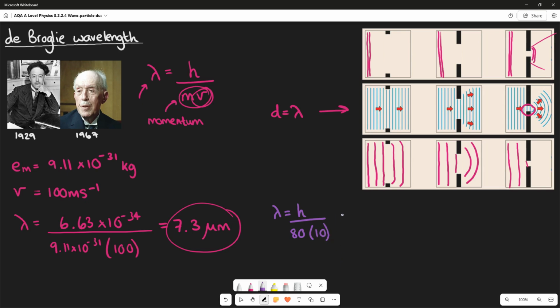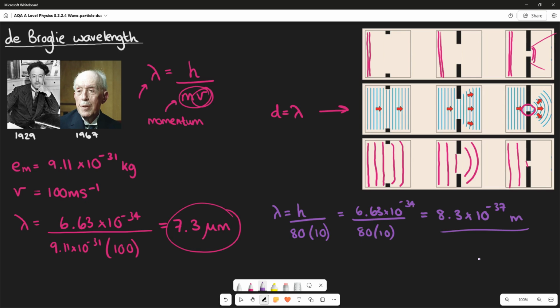And we can calculate those values. So 6.63 times 10 to the minus 34 over those values will give us a very, very small number indeed.